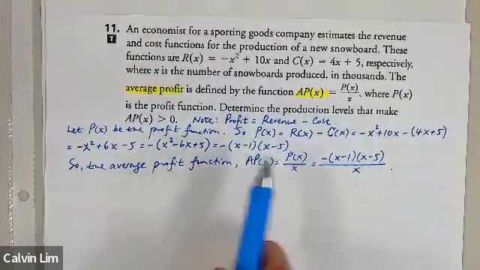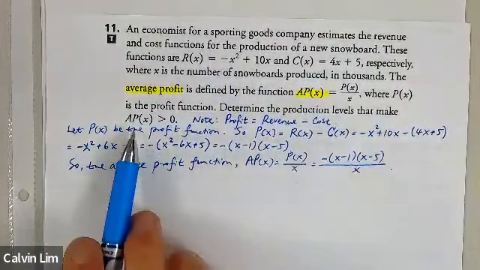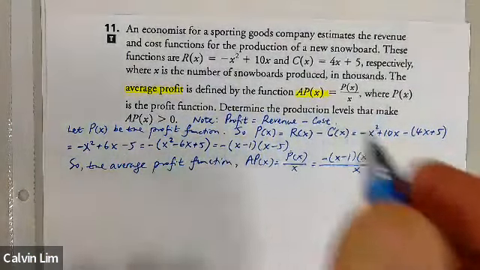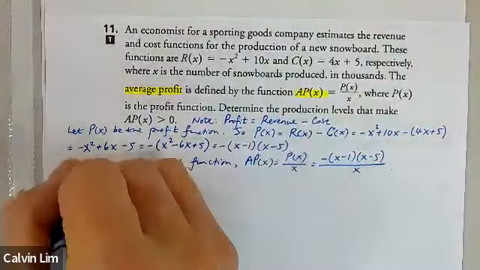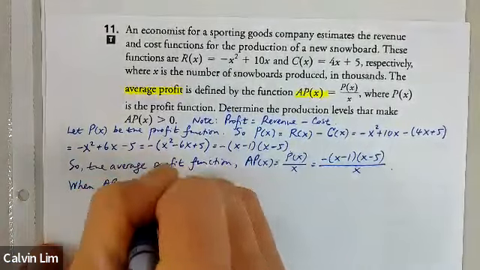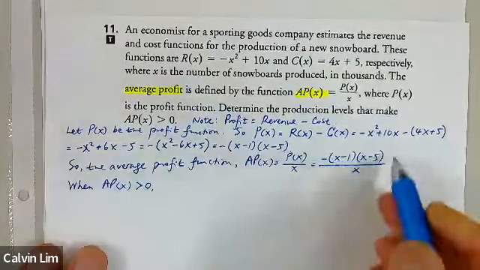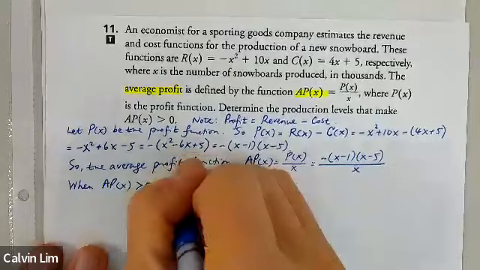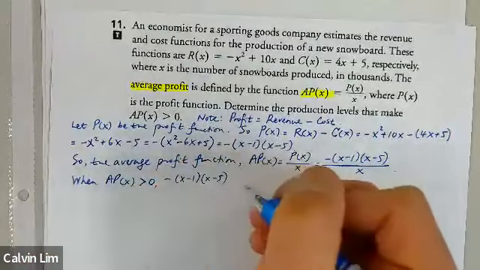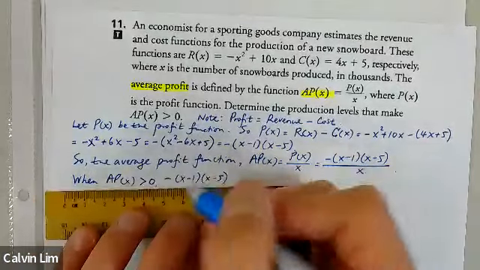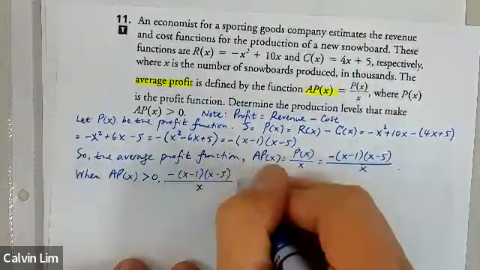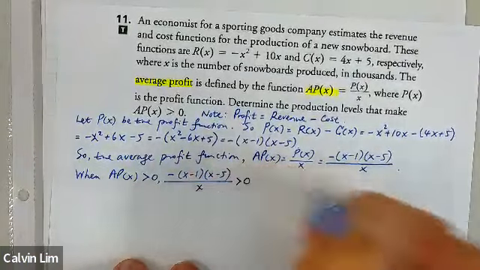Now, determine the production level that will make the average profit function positive. Okay. So when AP of X is greater than 0, this thing, negative X minus 1 times X minus 5 over X is greater than 0.